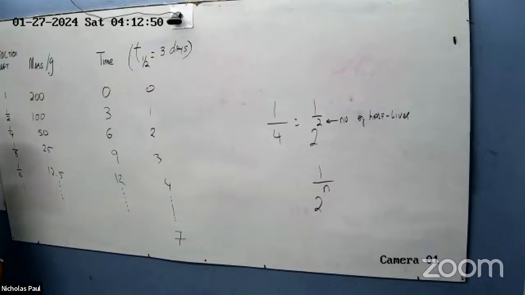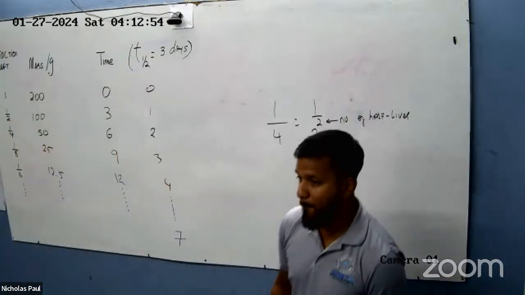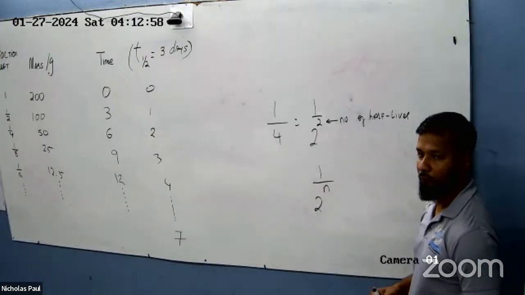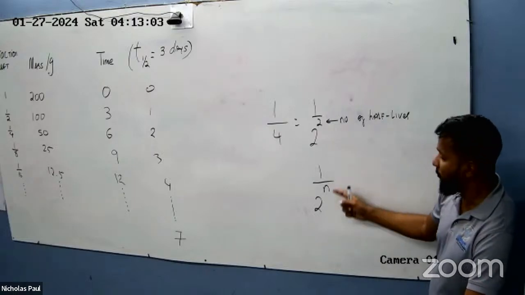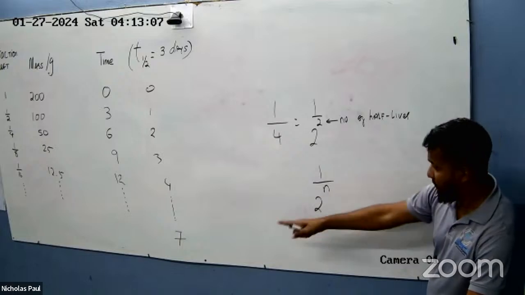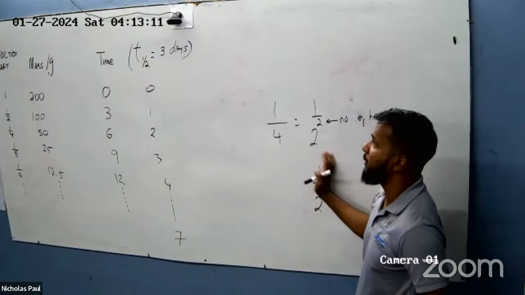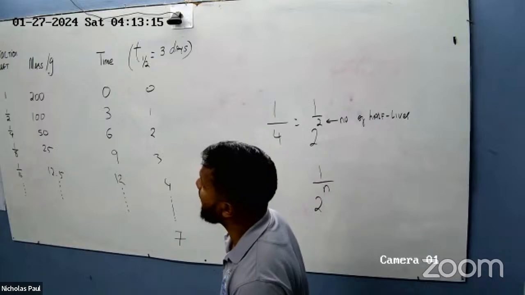Online, you all can message me. Let's see what you got. Don't forget I gave you this: 1 over 2 to the power of how much? We're trying to figure out 7. So use that relationship there.